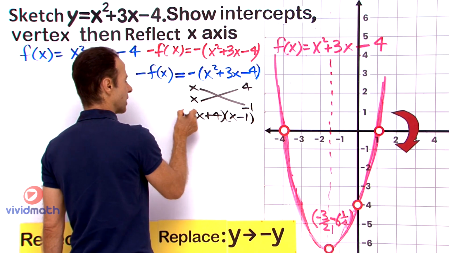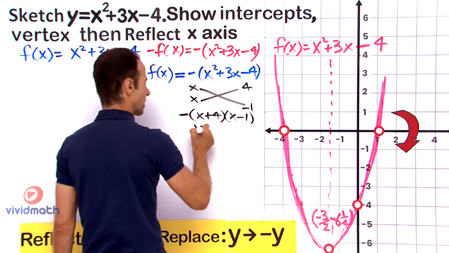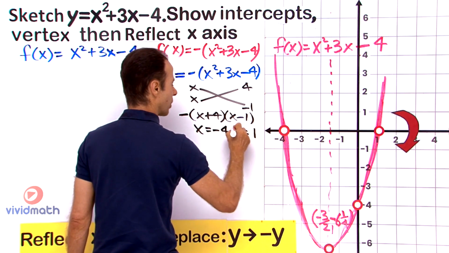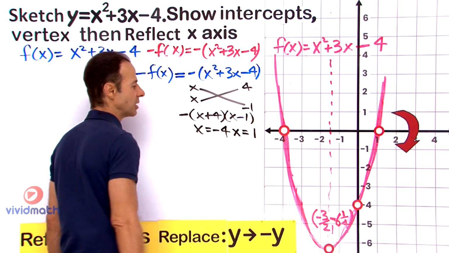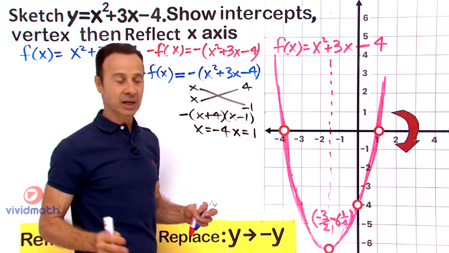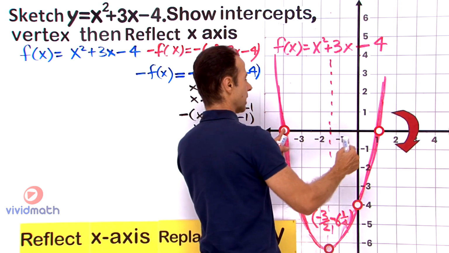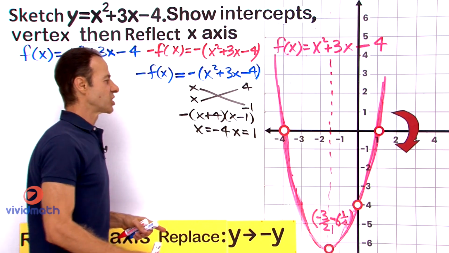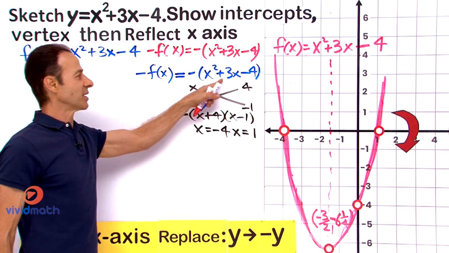And there's a minus in the front, just ignore that for now. So x equals negative 4 and x equals positive 1. Now you'll see those two x-intercepts are identical, exactly the same as the previous one, negative 4 and positive 1. Nothing's changed. So the same x-intercepts.